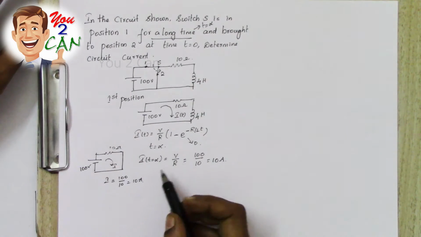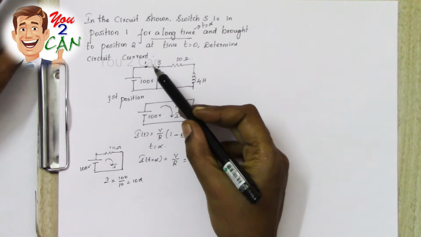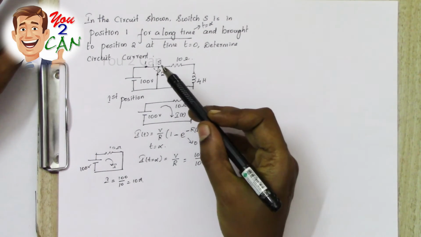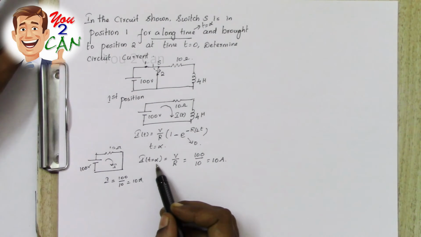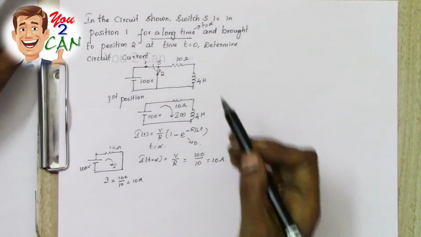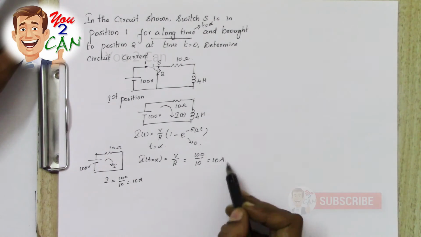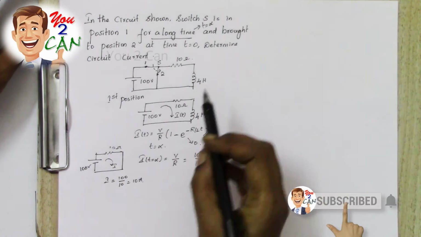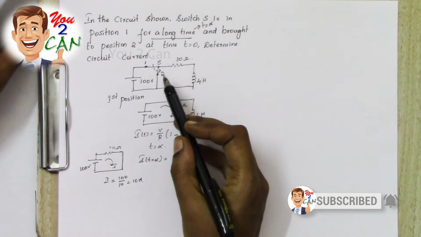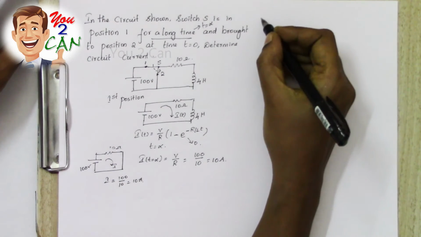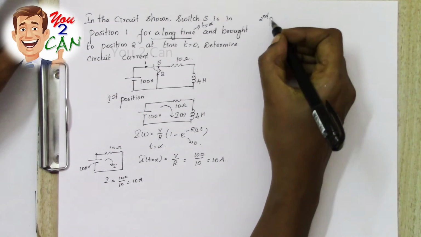Now at first position the switch has been there for a long time, so after t equal to infinity the current through the inductor is 10 amps. This 10 amps is the initial condition of the inductor when it is at second position. Now let us see the second position.